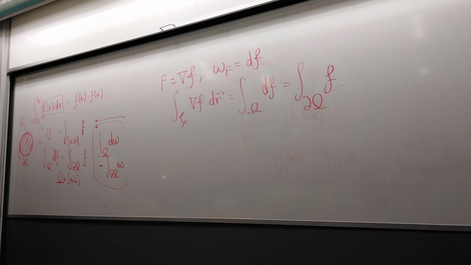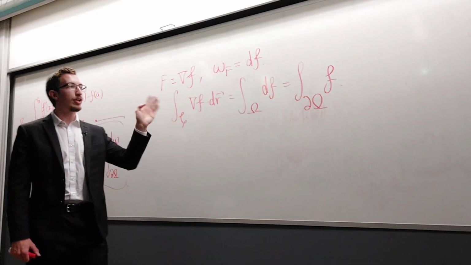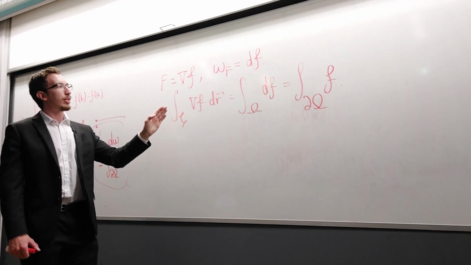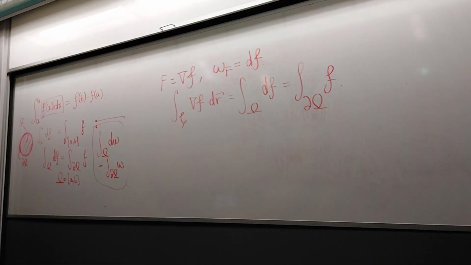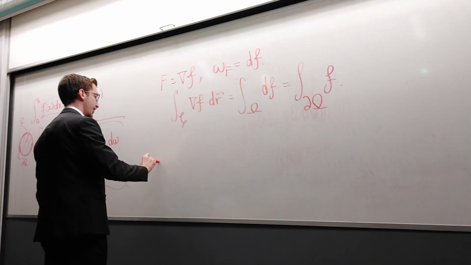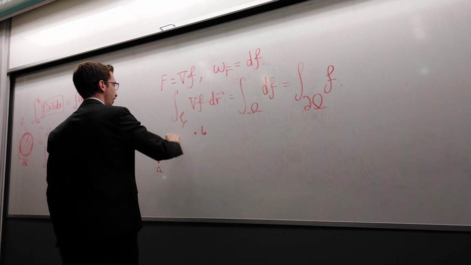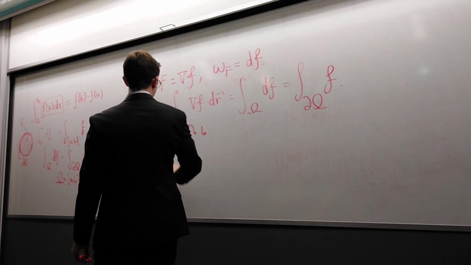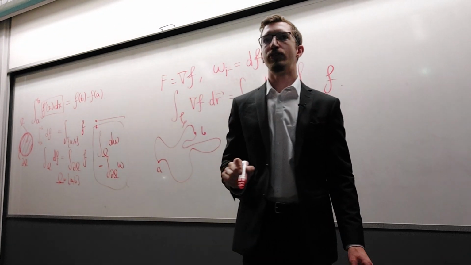Okay, so it says that if I have a gradient field, then the value of the line integral is independent of the path I choose. So for instance, here's my point A, here's my point B. I take this, and I take that. Two distinct paths.